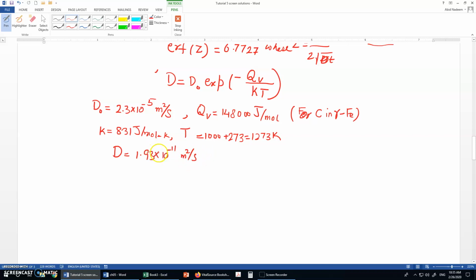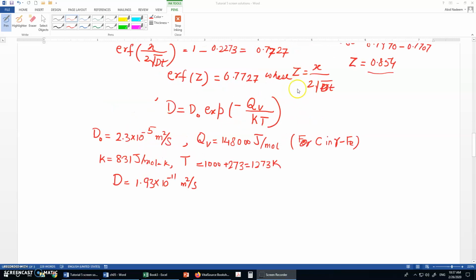And now we can put this value of D into the equation.